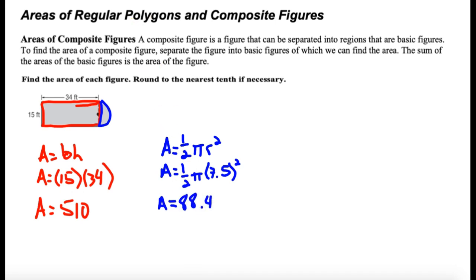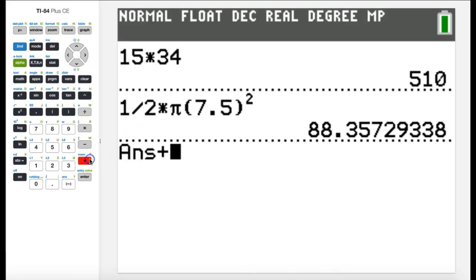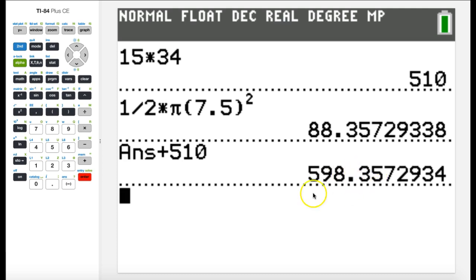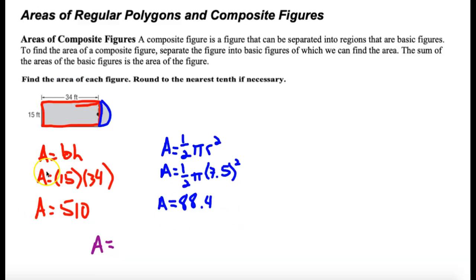And then my total area is just going to be these added together. So the area of this composite figure, just add 510 to that, and that should get me 598.4. So my total area here, 598.4. We have units, so square feet.